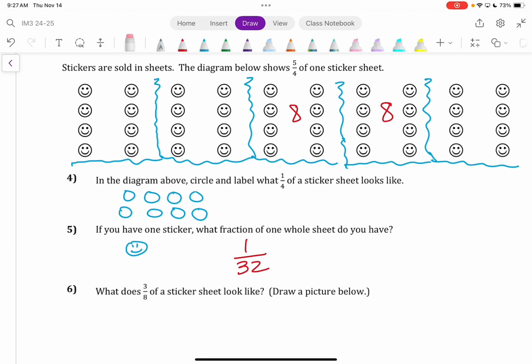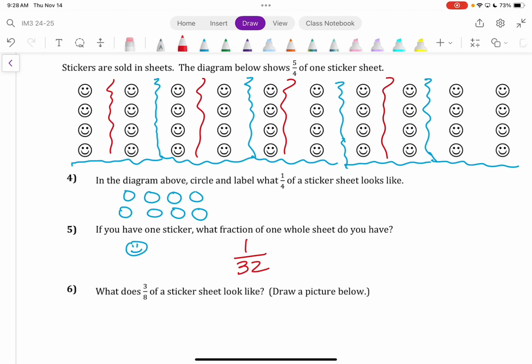Now, let's say I wanted to figure out what 3/8 of a sticker sheet looks like. Well, what does 1/8 look like to begin with? Notice how I already have it split into fourths up here. How do I go from 1/4 to 1/8? What do I need to do here? I would need to split it again in half. So I could split this again in half, giving me groups of 4 stickers.